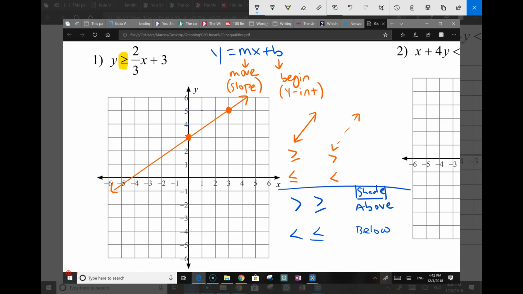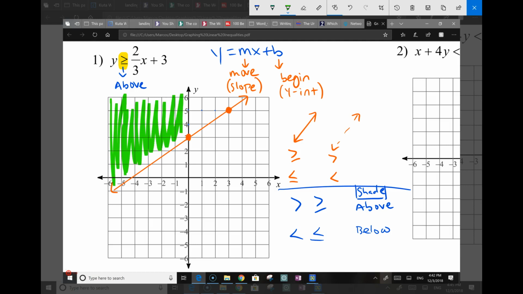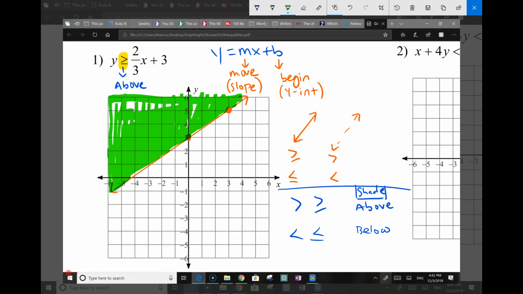Okay? So with that in mind, where I'm going to shade is over here. So I'm going to shade above because this inequality represents something greater. Okay? Greater or equal to this orange line. So I shade everything above that to show this entire area that I have just shaded represents all the possible solutions I could have, all the possible input-output values, x and y values that I could have, which would make this inequality true.